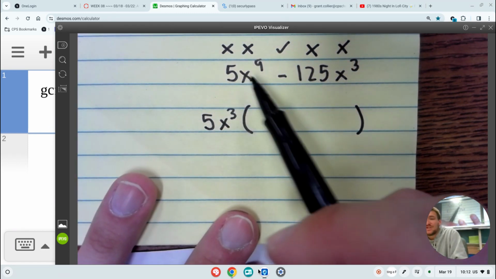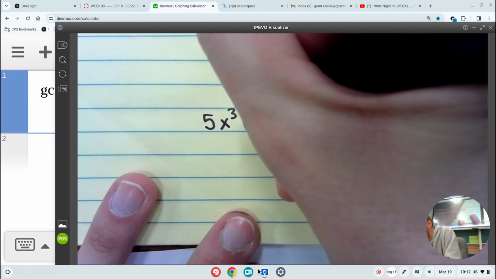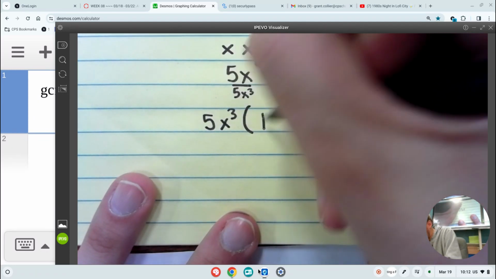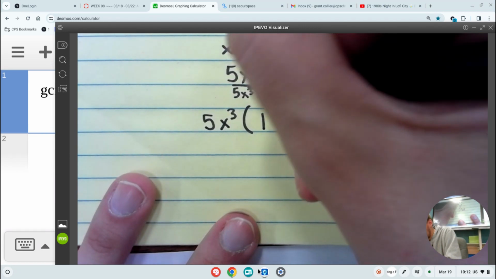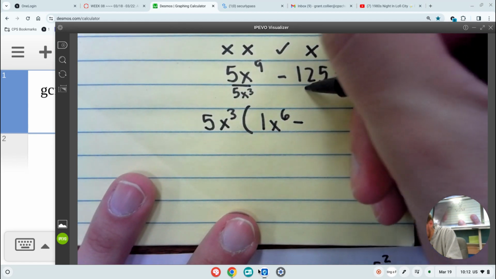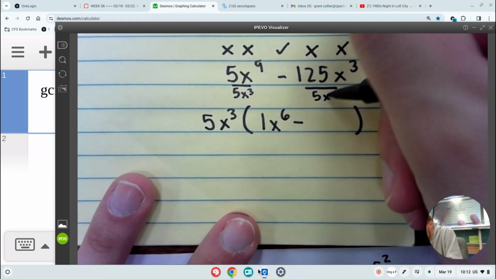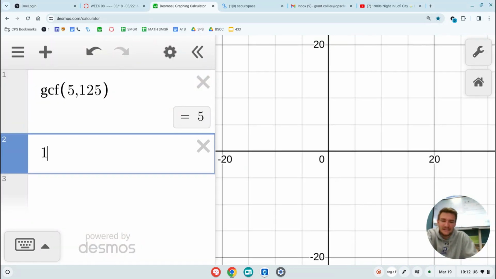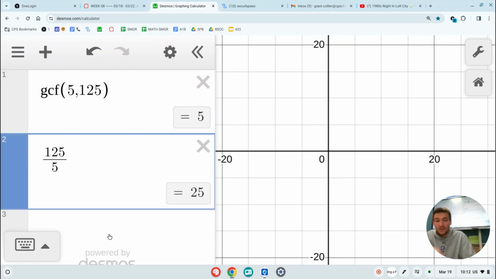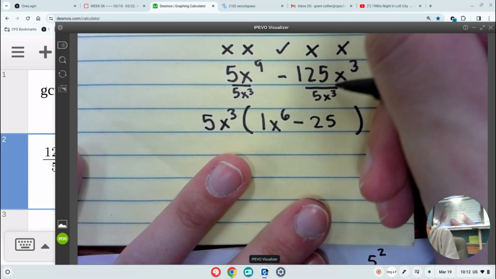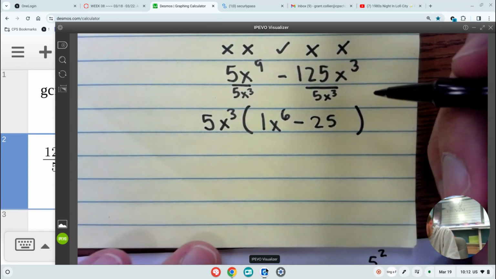Once we GCF this, we have to divide by 5x cubed. 5 divided by 5 is 1. Subtraction, 9 minus 3 is 6. Minus 125 divided by 5 is 25. X cubed, 3 minus 3 is 0.